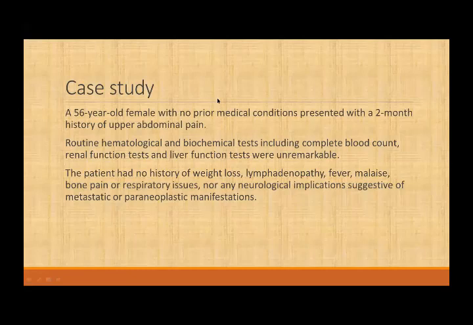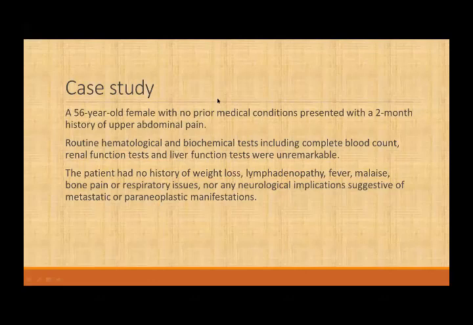Another case study. A 56-year-old female with no prior medical conditions, fit and well, with a 2 month history of upper abdominal pain. Routine hematological and biochemical tests, including complete blood count, renal function and LFTs, were all unremarkable. Why are we discussing it here in the liver and gallbladder class, when the biochemical tests are normal?